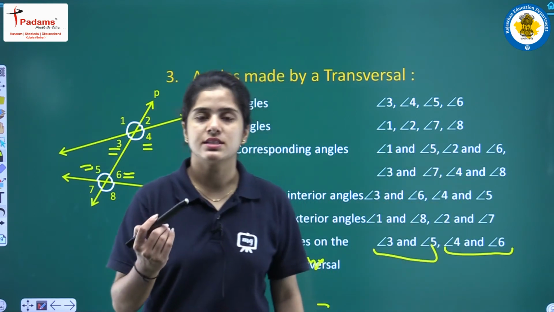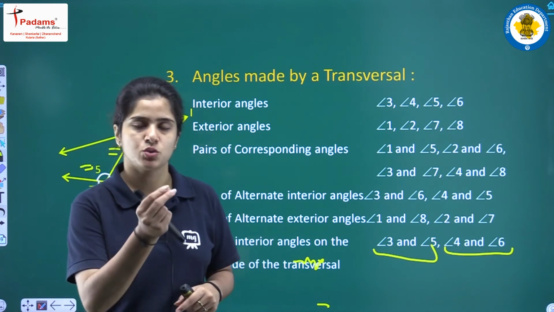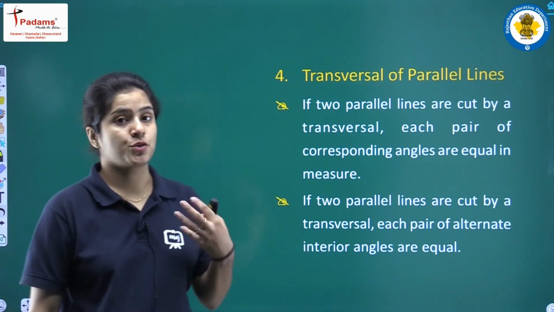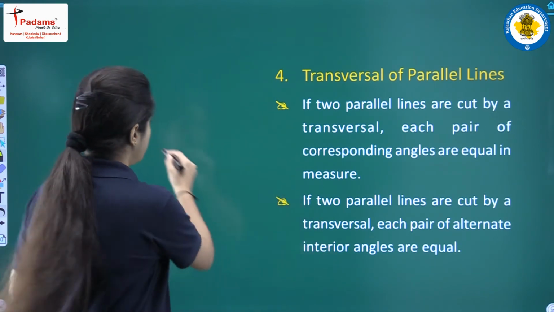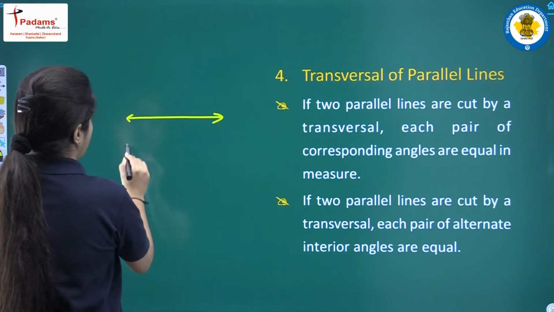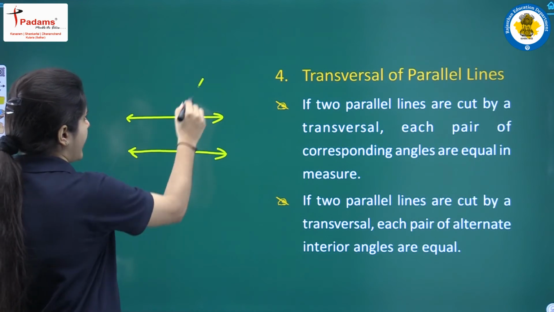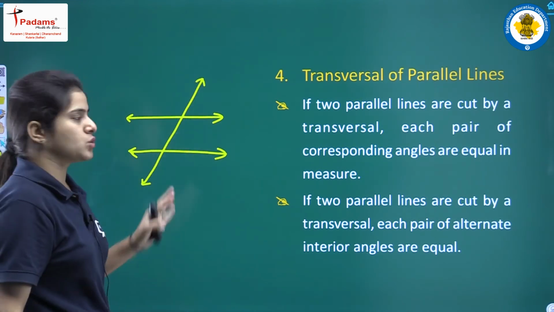We are going to study this once again, but before that I am talking about some 2-3 points. Have a look at these points, students. What do you mean by a transversal of parallel lines? If there are parallel lines, for example these two lines are parallel lines, and there is a transversal that is cutting them.